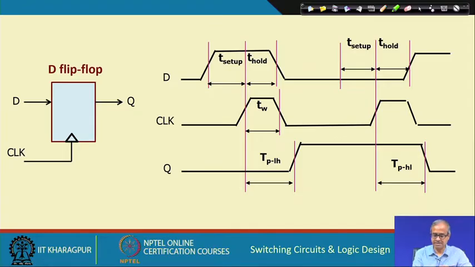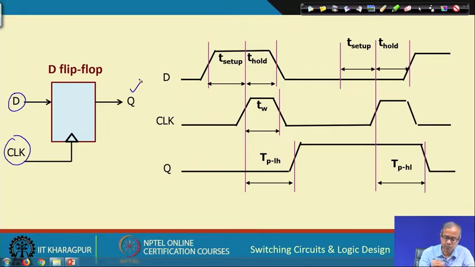Let us take another diagram to show this part. The other delays are also shown here. Here again we have a D flip flop with a D input, a clock input and output Q. I am not showing Q bar, I am only showing Q. Let us assume that in the clock input I am applying a clock pulse, and because this is positive edge triggered, it will be triggered on the positive edge of the pulse. This is my triggering edge.